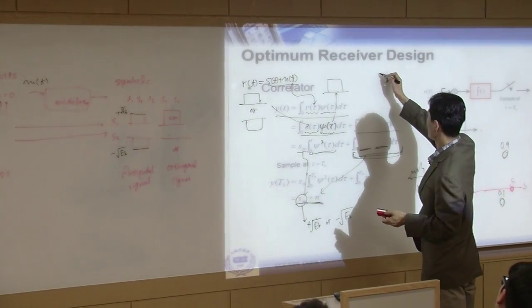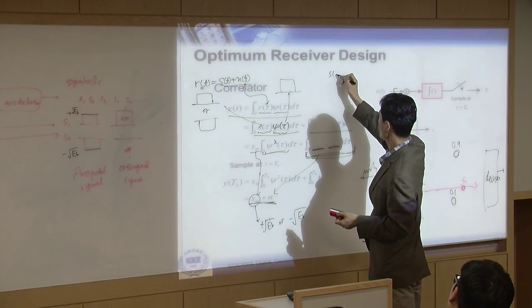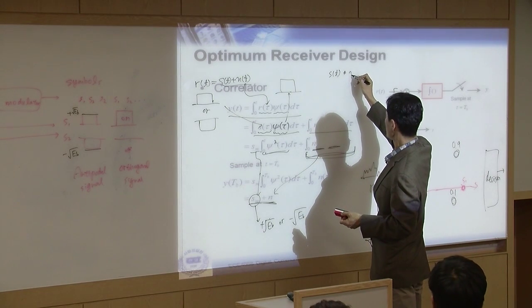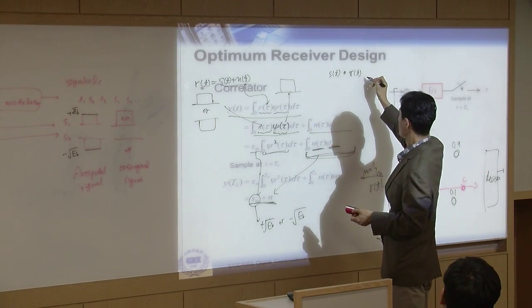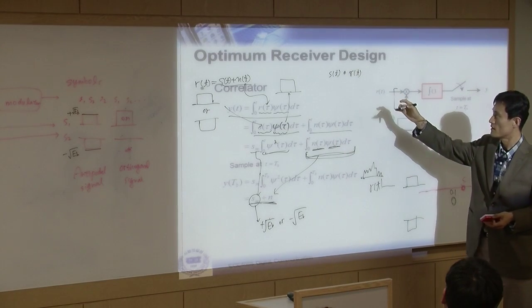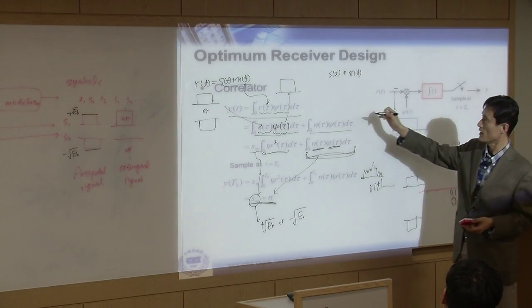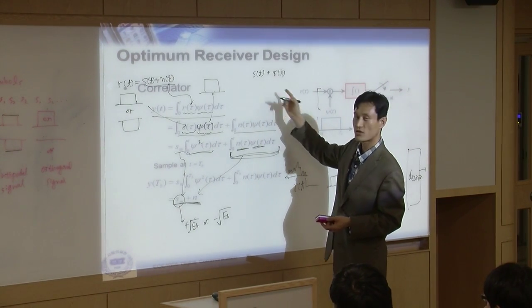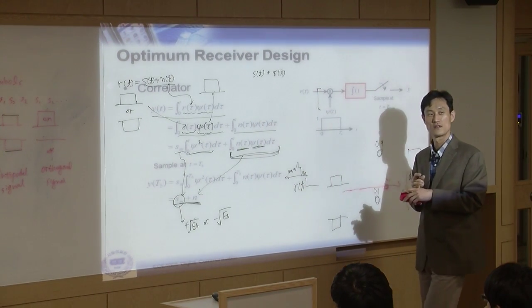Let's say you have s(t) convolved with r(t), and let's say you calculate the correlation of s(t) and r(t). What's the difference?